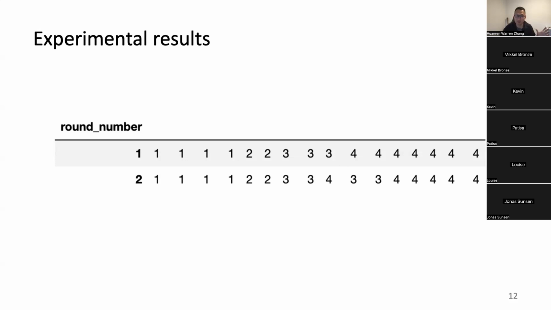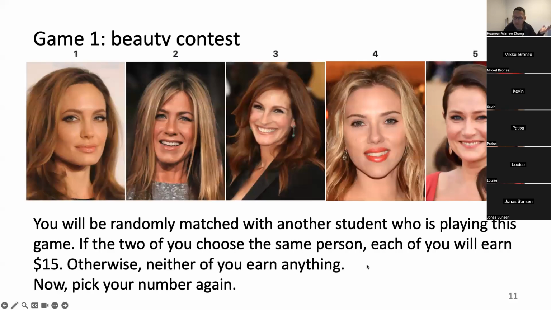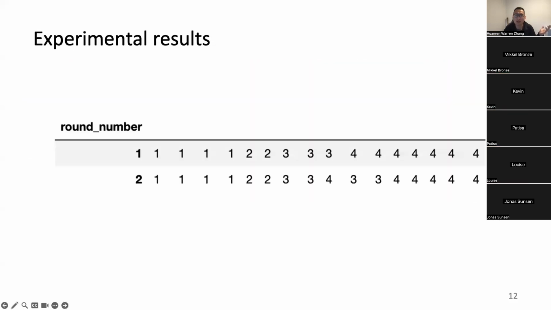So for a lot of people, their personal preference is some other face other than this Scarlett Johansson. But when you are asked to indicate your choice such that matching another's choice would actually give you a reward, that would actually change people's choices.